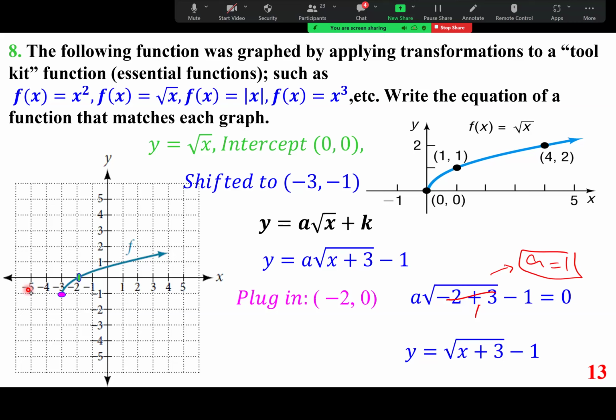And one way to check it, you can put, for example, this point which has coordinates 1, 1 in it to make sure it checks, and it does. So after you find the answer, you have to check.